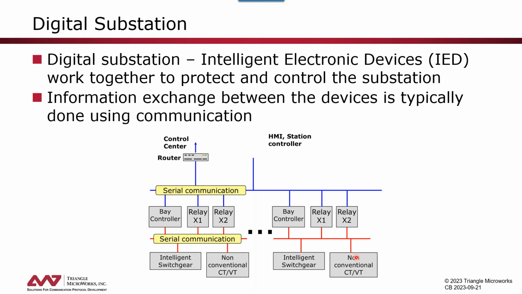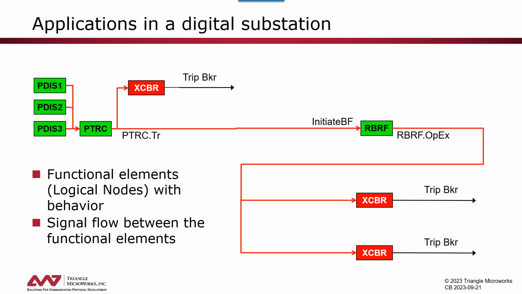Now, how does this influence the way how we can look at the applications that we realize in our substation protection and control system? An application is typically realized through various functional elements, like distance protection elements, and these functional elements exchange signal between them.